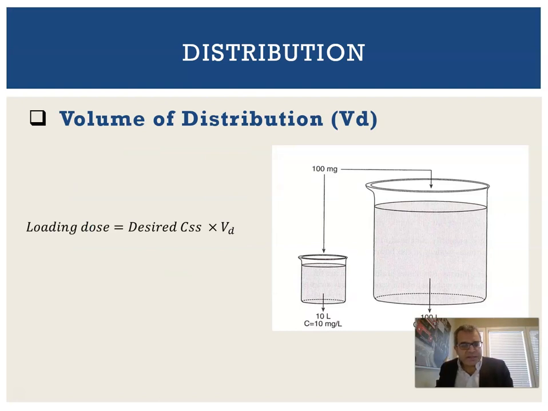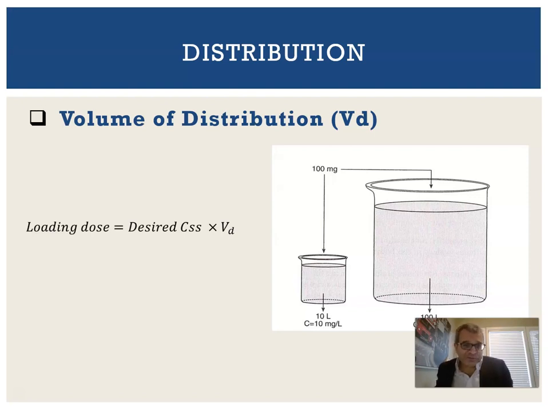Okay, let's think about it. So if you have two drugs with two different volumes of distribution, administering a loading dose of a drug could be of value to rapidly attain therapeutic concentration. As you can see in this illustration, if you add the same amount of a compound, 100 milligrams, into two beakers, one containing 10 liters and the other containing 100 liters, would it give the same concentration?